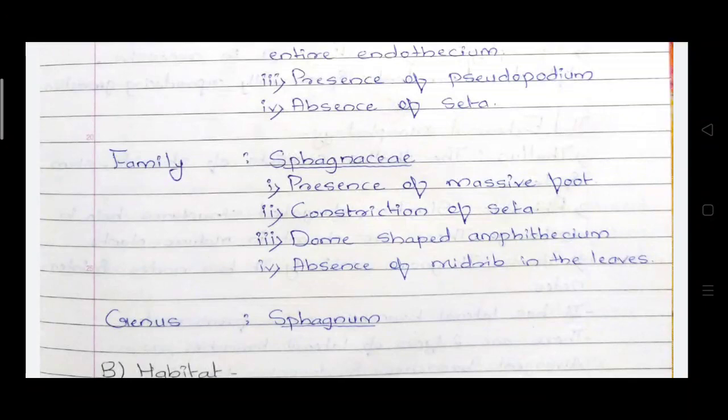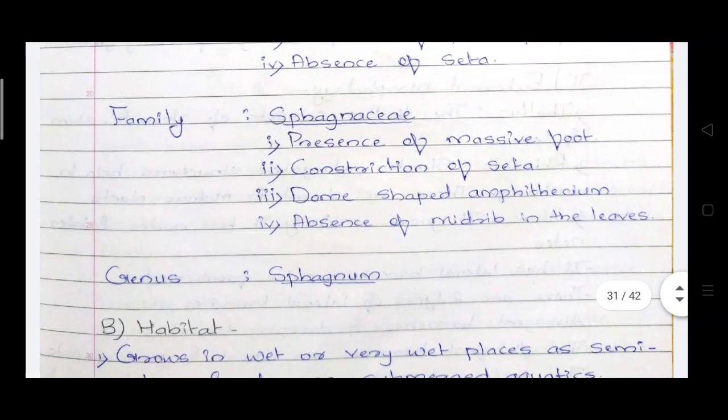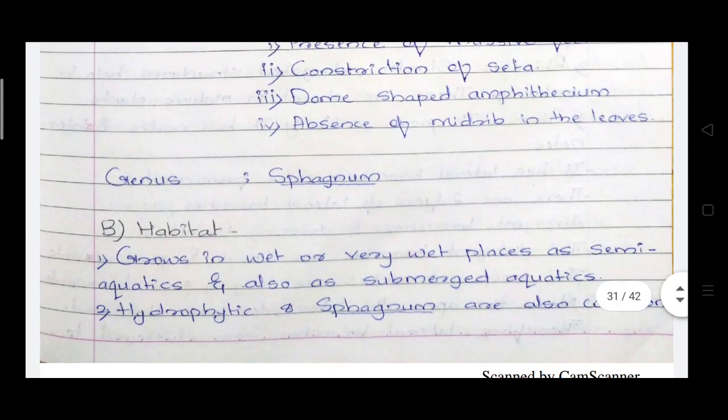Then the amphithecium part has a dome shape, and in the leaves no midrib is present. So these are the characters of the family Sphagnaceae. Then this comes under the genus Sphagnum. So in this unit you have to discuss the bryophytic genus Sphagnum.